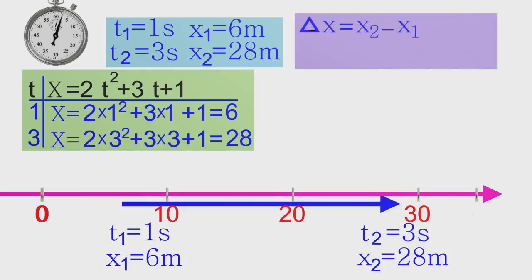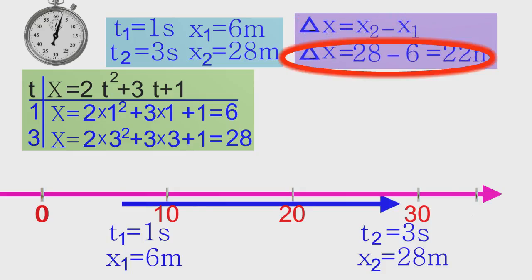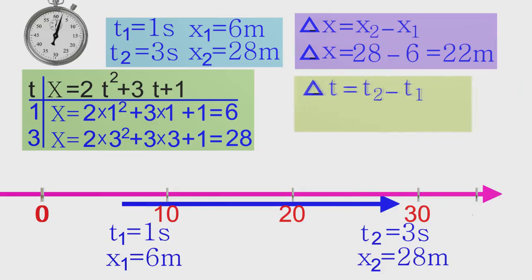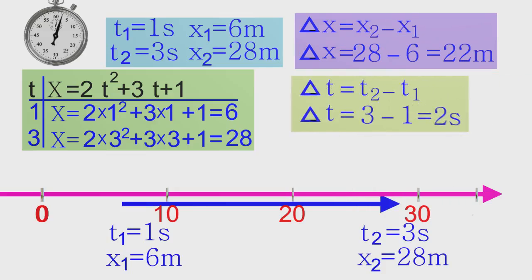To calculate the measure of the displacement, we subtract the 2 positions of the car at 2 different moments. We denote this value by delta x. The delta sign should not worry you, it is just a sign to show change or difference. The time interval is equal to the difference of the time between the 2 moments, 1 and 3 seconds, and we denote it by delta t.